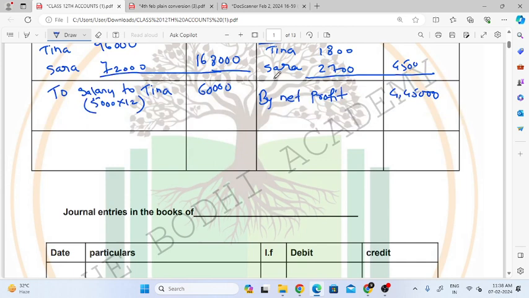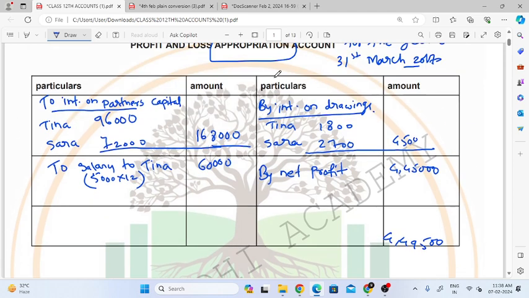Now we'll add 4,45,000 plus 4,500, which will give us 4,49,500. Then on the debit side we are getting 1,68,000 plus 60,000, which gives 2,28,000.